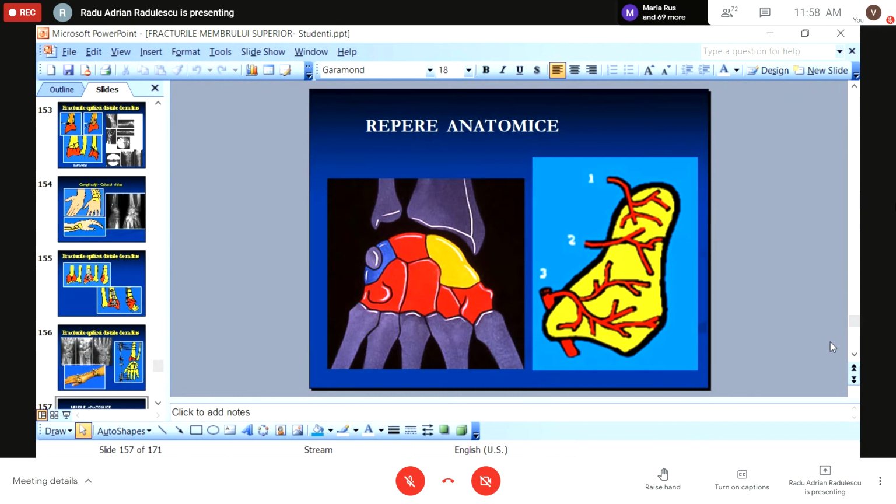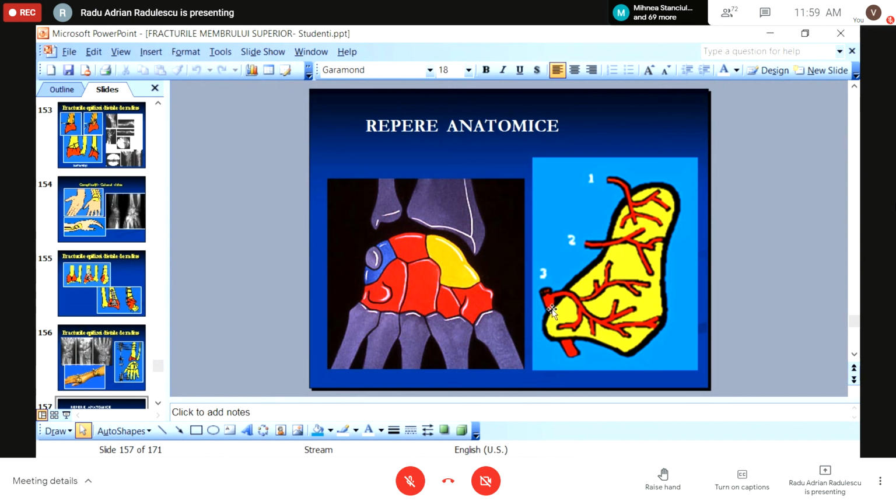Going more distally, we must talk about the scaphoid bone fractures. The scaphoid is one of the 8 carpal bones.